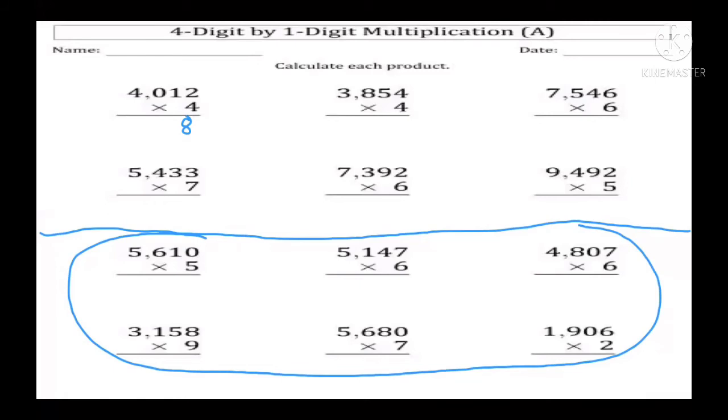Very good. 4 times 0 is 0. Again, remember, any number multiplied by 0 is always 0. Okay, last one. 4 times 4 is 16. Good job. So what will be our product?